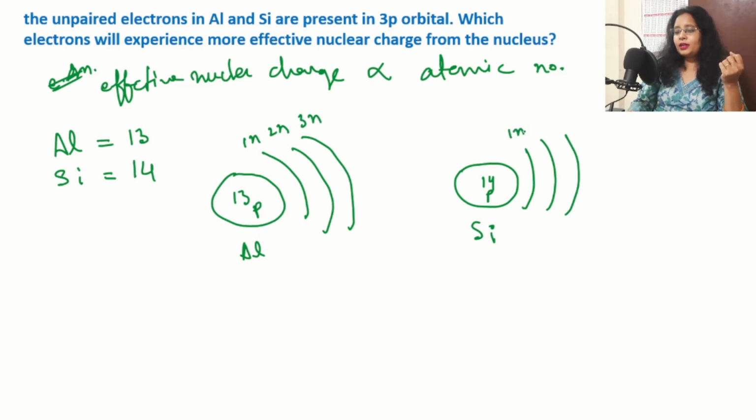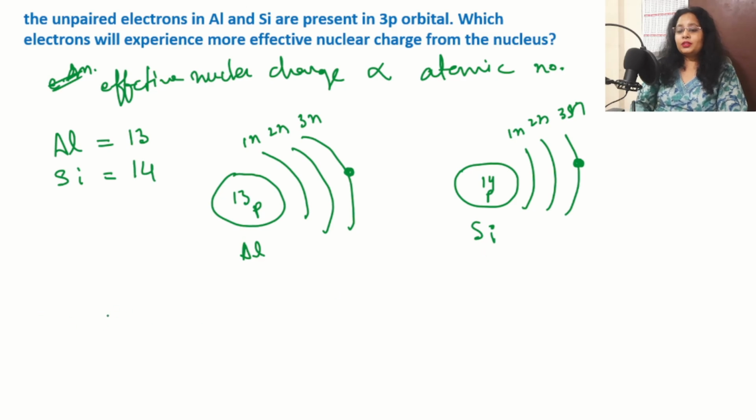Here same 1n, 2n and 3n. In the 3n, the electron lies in 3p orbital. It means somewhere around here. Here also on the same distance from the nucleus. So distance is same. So number of protons are more in silicon. It means the effective nuclear charge will be more in case of silicon as compared to the aluminium.